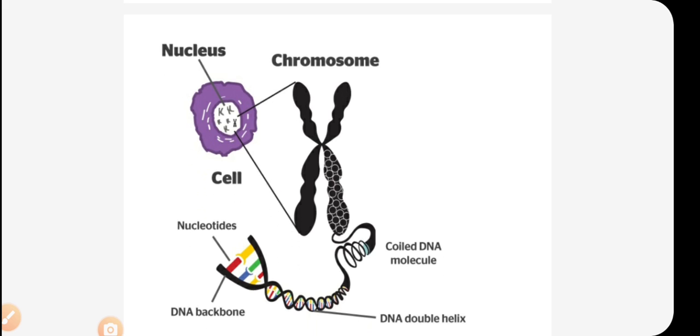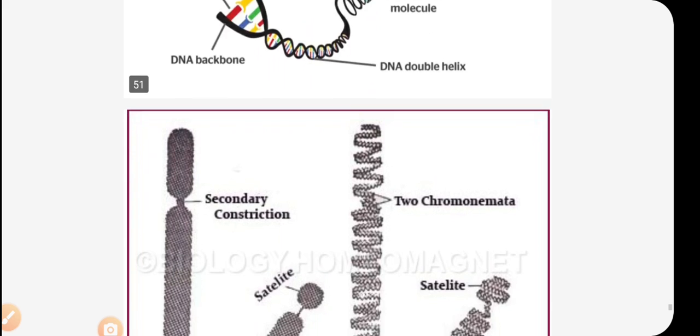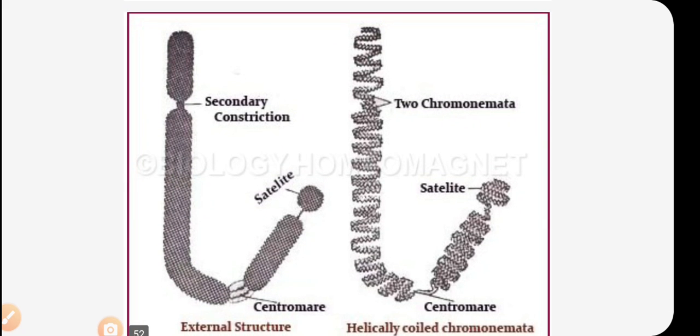Let's come to two important terms in chromosome structure, chromonemata and chromatid. During the cell division cycle, there are two phases, interphase and the mitotic or division phase.